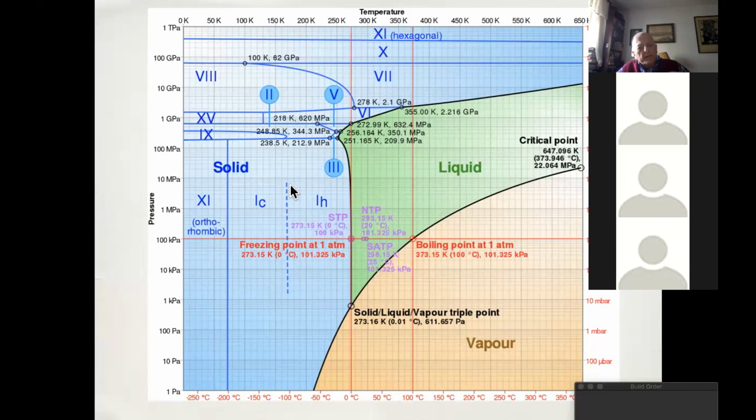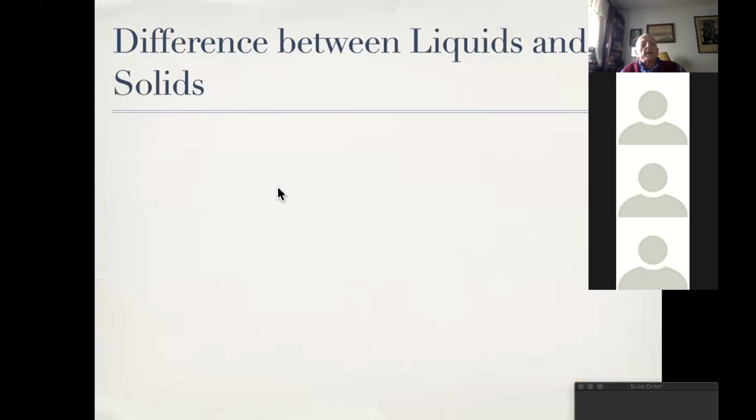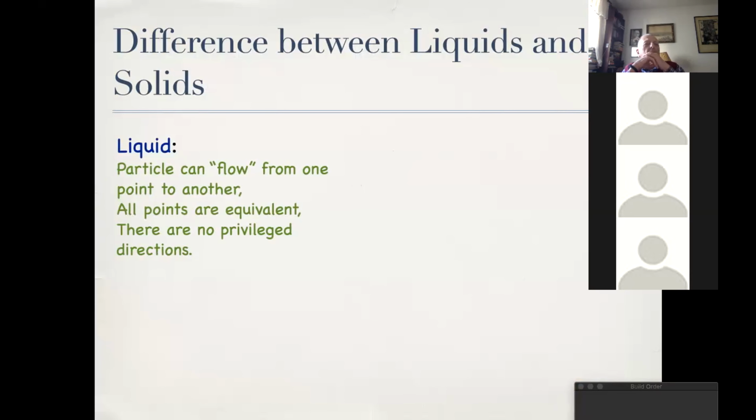And I'm showing this diagram in order to focus your attention on what are actually the most important differences between the liquids and the solids. And let's think about the liquids.